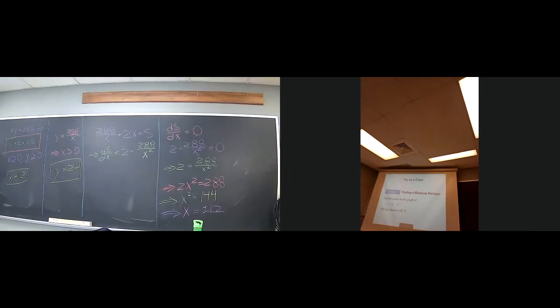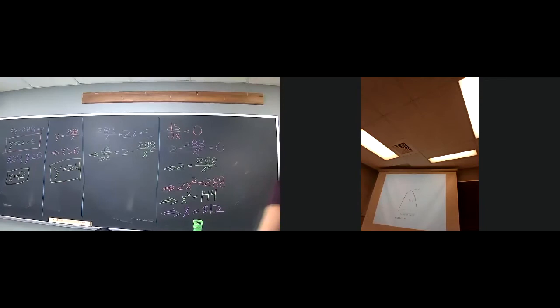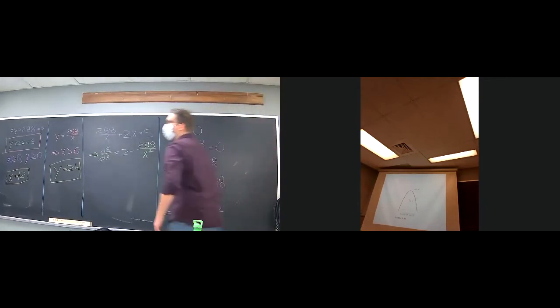All right. Considering another example, we want to find the points along the graph closest to the point (0, 2). Let's look at what this looks like. We're given this graph, 4 minus x squared, and we're given a point (0, 2).